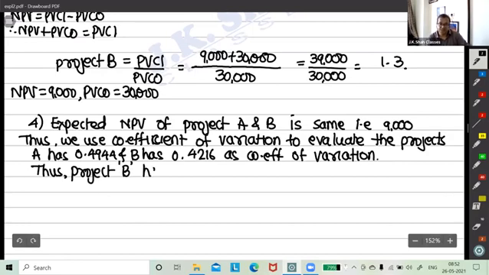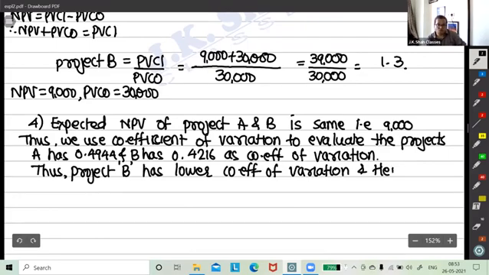Project B has a lower coefficient of variation and hence what? Hence lower risk.